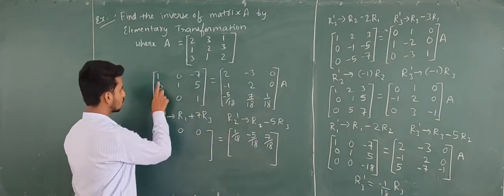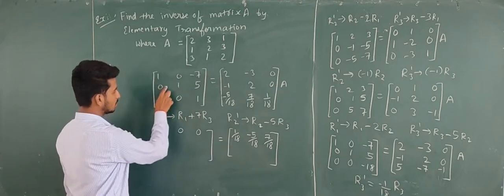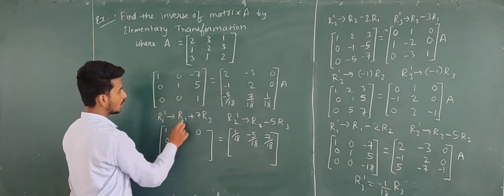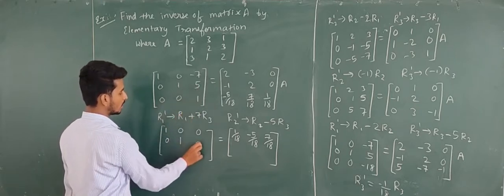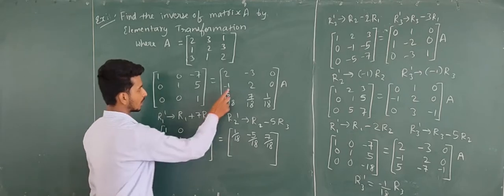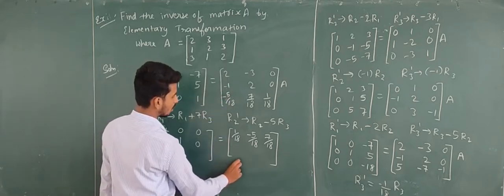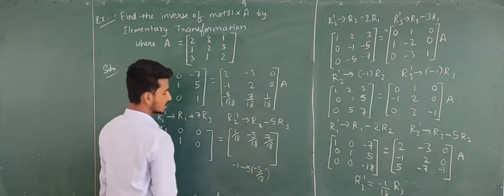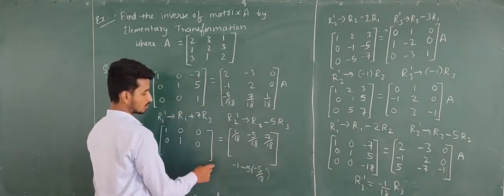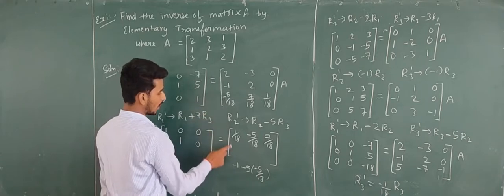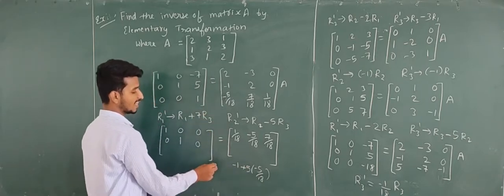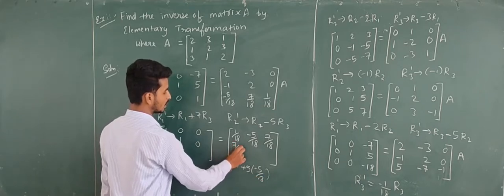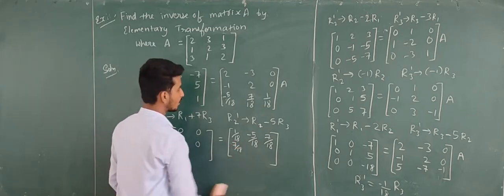Second row means 0 minus 0 will be 0. 1 minus 0 will be 1. And 5 minus 5 will be 0. So here, minus 1 minus 5 times minus 5 by 18. This is minus 18 plus 25, which will be 7 by 18.